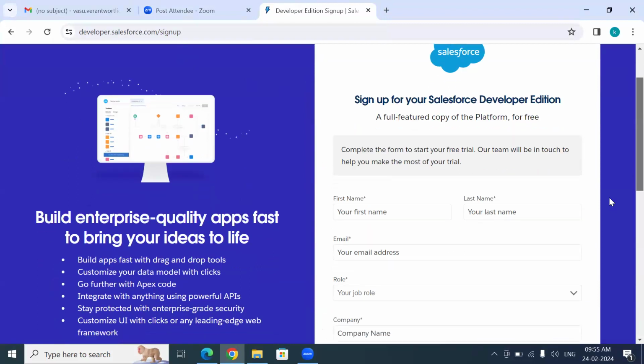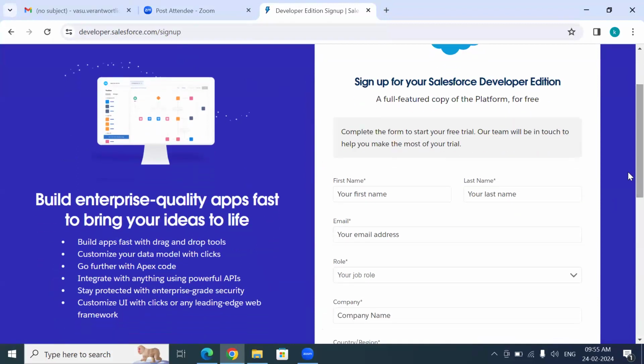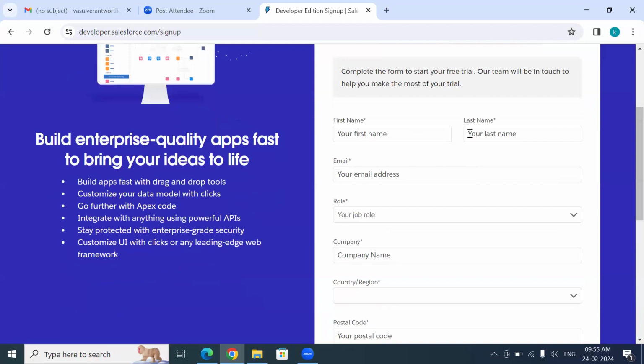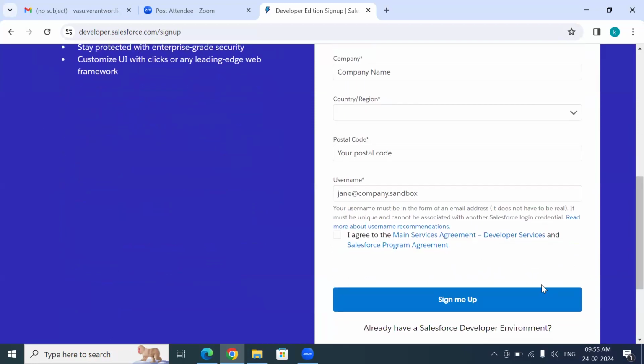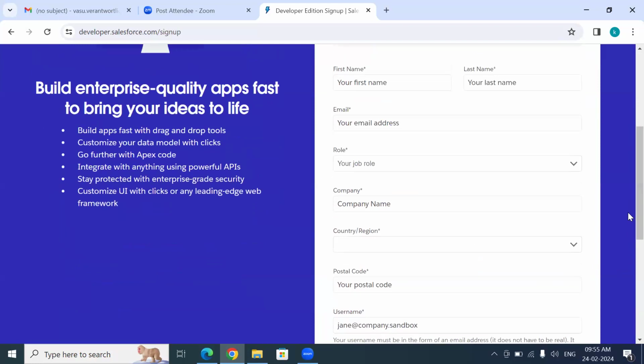Like suppose if you are going to create a new Facebook account or Gmail account, it will ask you to enter some details, right? In the same way here also, it is asking to fill up this registration form, like your first name, last name, email address, role, company, country, postal code, username, everything it will ask. Once you enter all these details and click on sign up, then the next steps will be taken care of. While filling up this registration form, here you have to select the country.